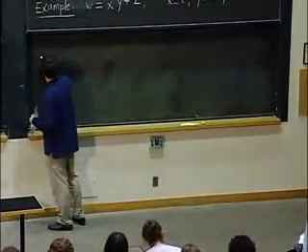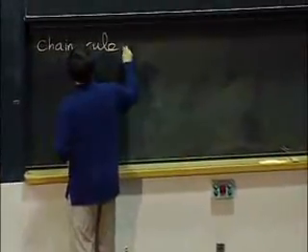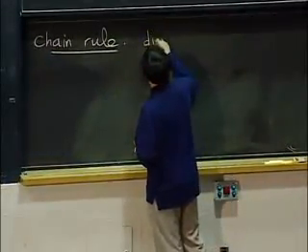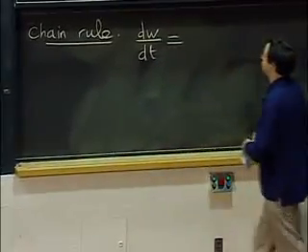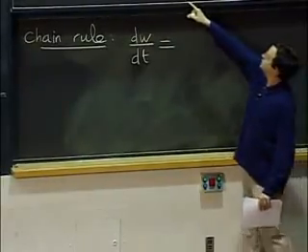So what does the chain rule say? Well, the chain rule tells us that dw dt is, so we start with partial w over partial x. Well, what is that?